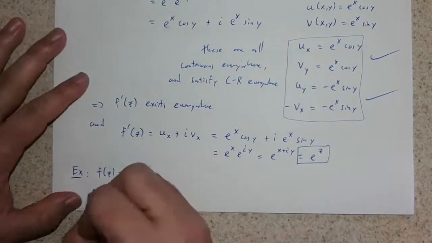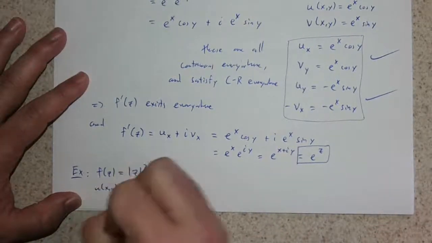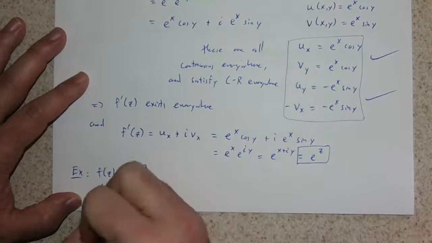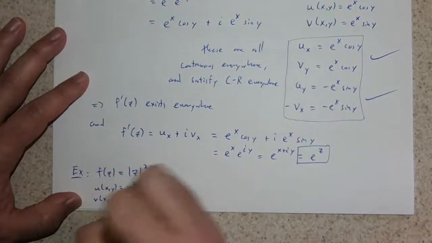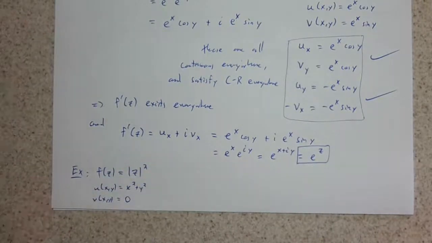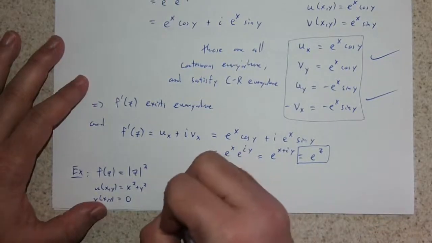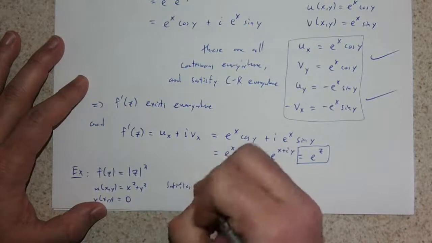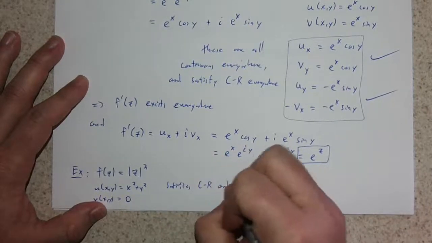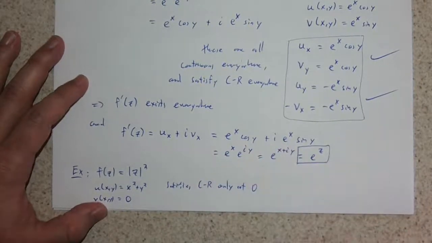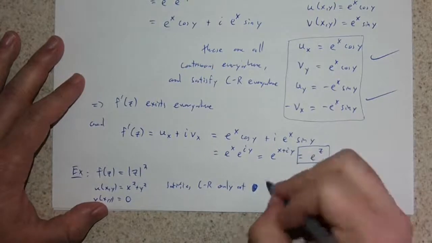So again, remember that u here is x squared plus y squared, and v is 0. So this satisfies Cauchy-Riemann only at z equals 0.